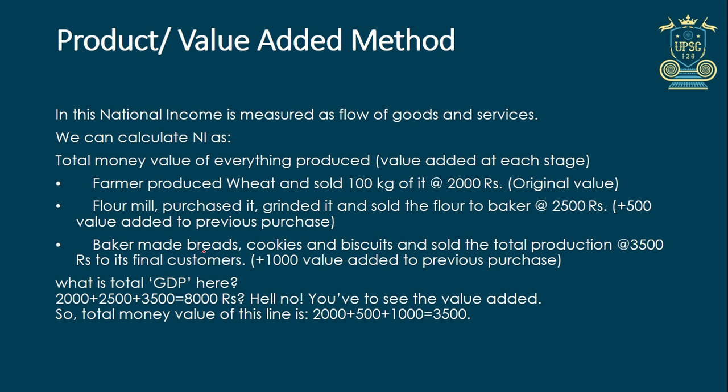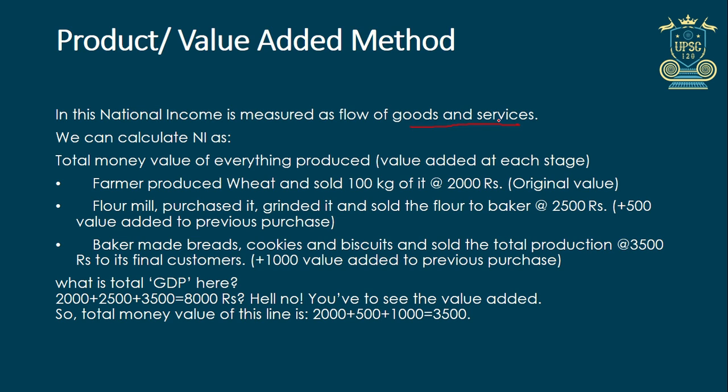Now next is the product or value added method. How national income can be calculated based on the product or value added method is, in this, national income is measured as a flow of goods and services.